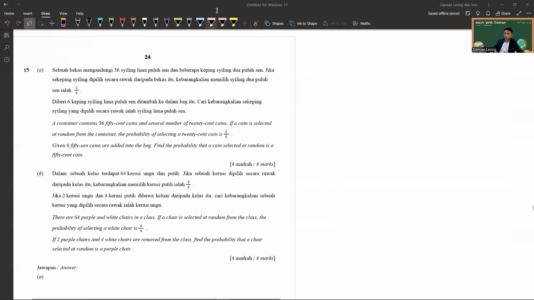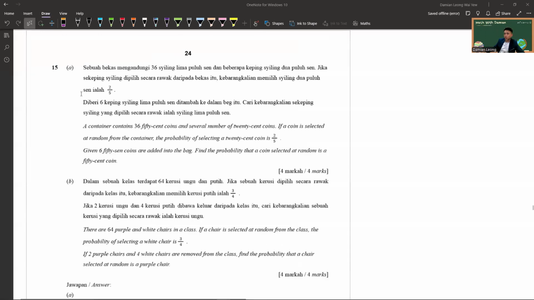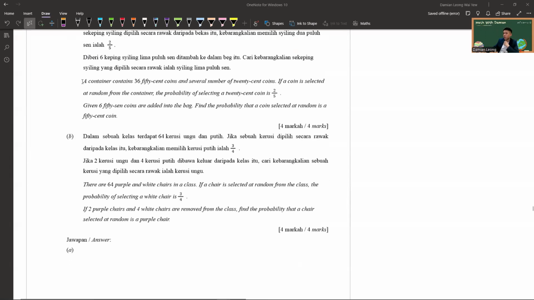Then question 15. A container contains 36 50-cent coins and several 20-cent coins. If a coin is selected at random from the container, the probability of selecting a 20-cent coin is 2 over 5. Given 6 50-cent coins are added into the bag, find the probability that a coin selected at random is a 50-cent coin.